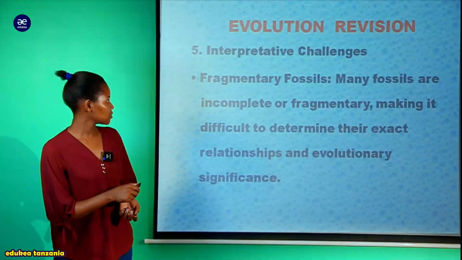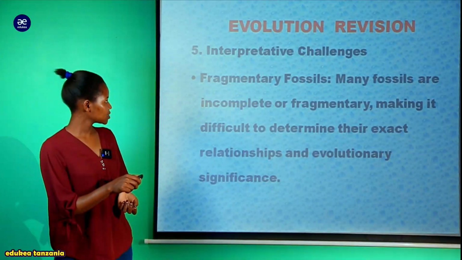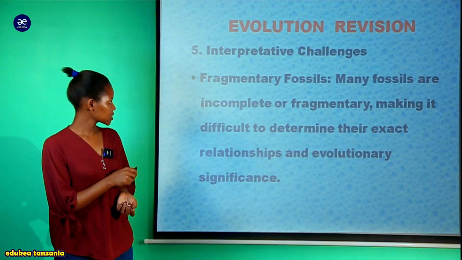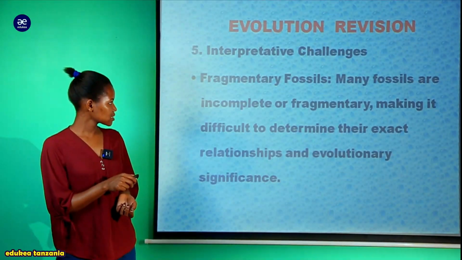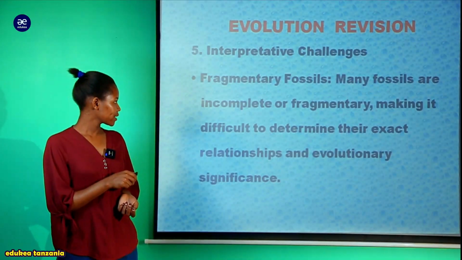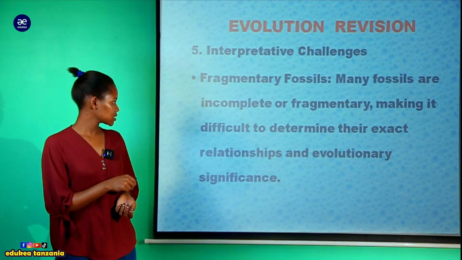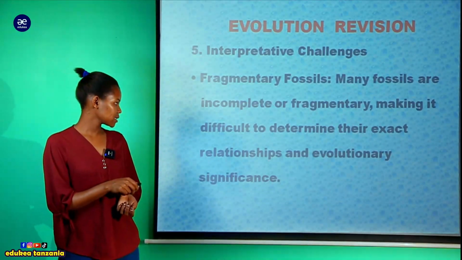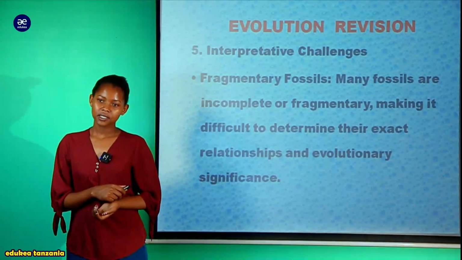And now tukiangalia number five is all about interpretive challenges. For instance, fragmentary fossils. Many fossils are incomplete or fragmentary, making it difficult to determine their exact relationships and evolutionary significance.